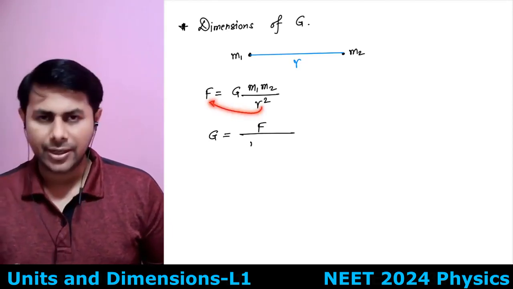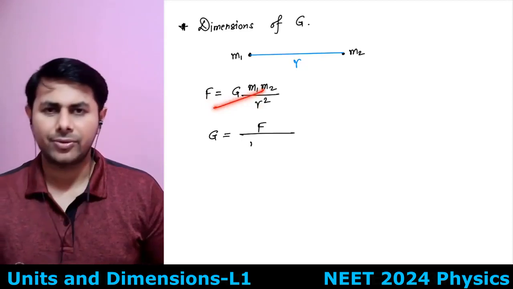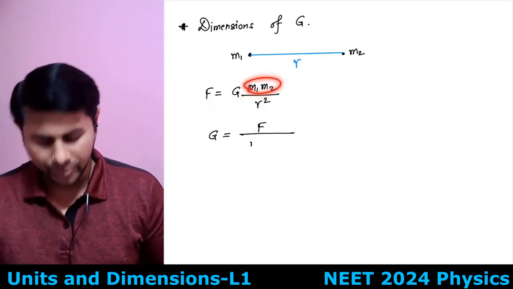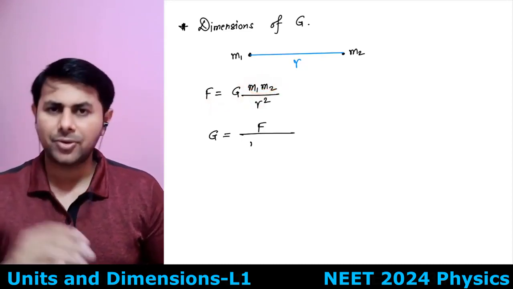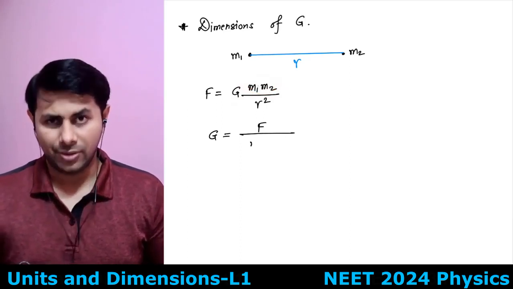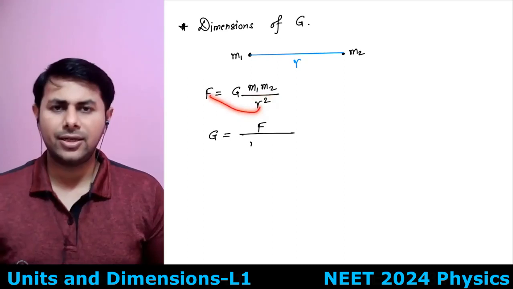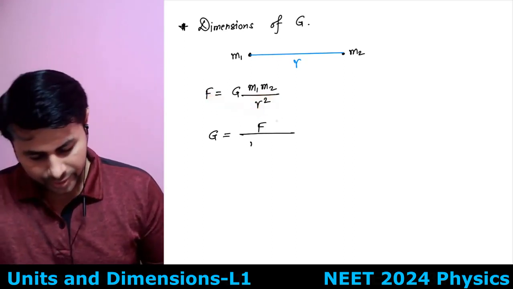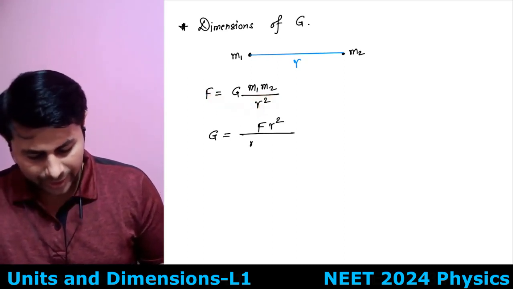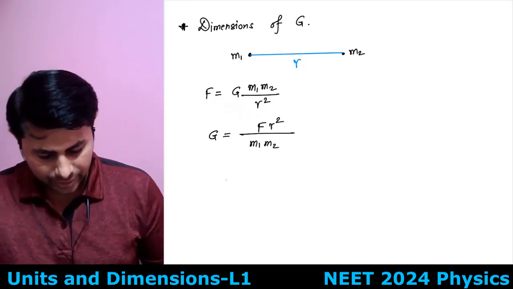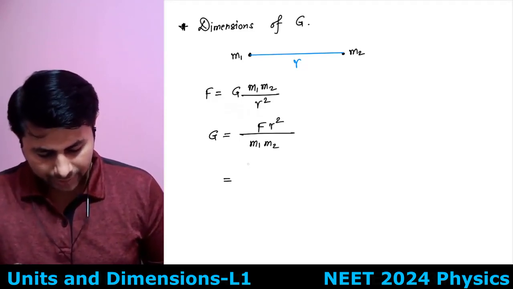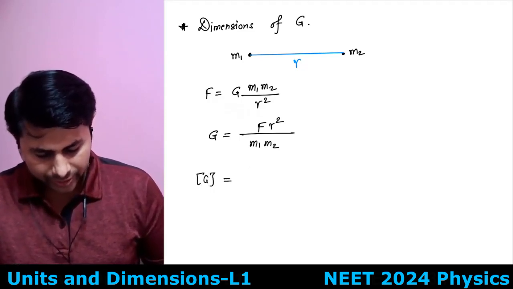So it is F r square divided by m1 m2. Because m1 m2 is in multiplication, if I take it on the other side, it goes into the denominator, and r square is in the denominator, so if I take it on the other side, it will go to the numerator. So F r square divided by m1 m2 is equal to the dimensions of G that I want.